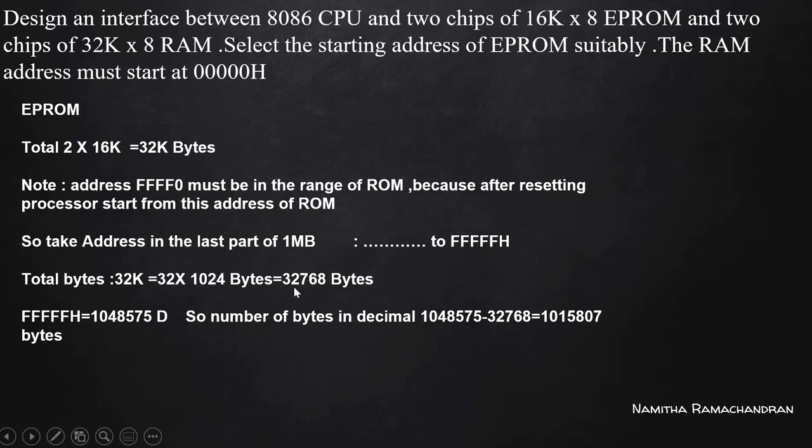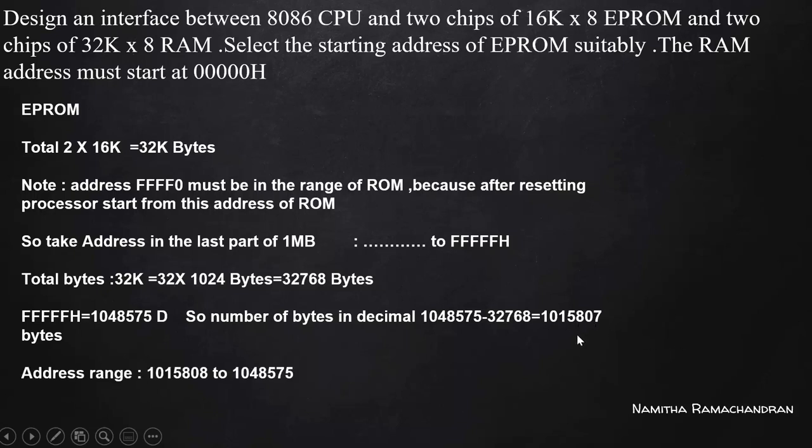That means we need to address this many bytes in our ROM space, and the last byte address is this, with its decimal equivalent. So we need to find the starting address of our ROM space. How is it possible? Subtract this value from our last byte address, then we get this. This many byte addresses we need here.